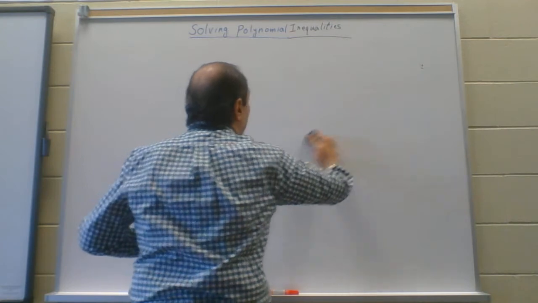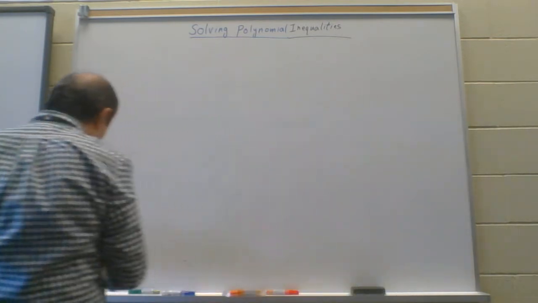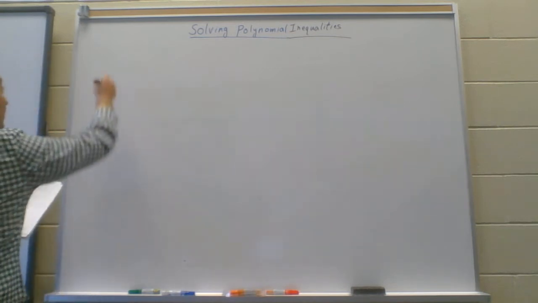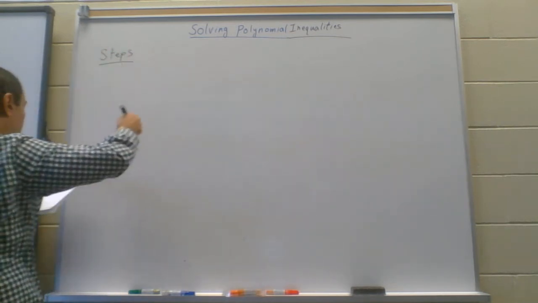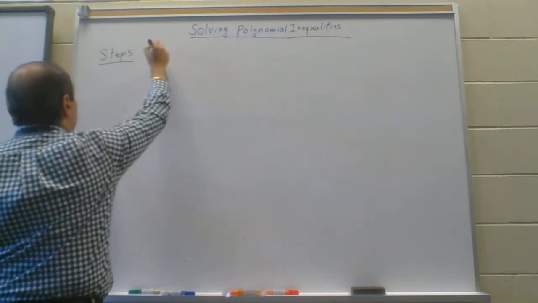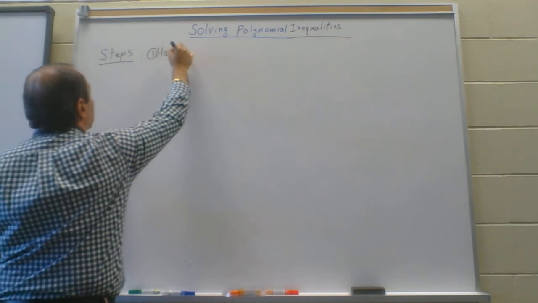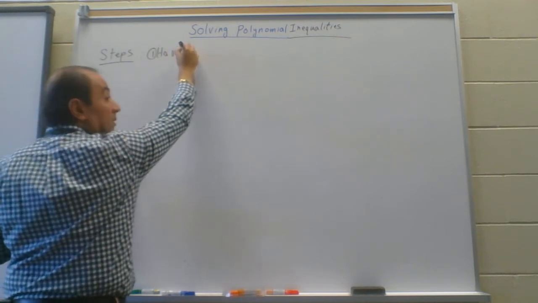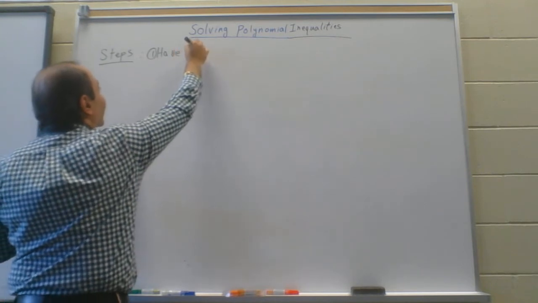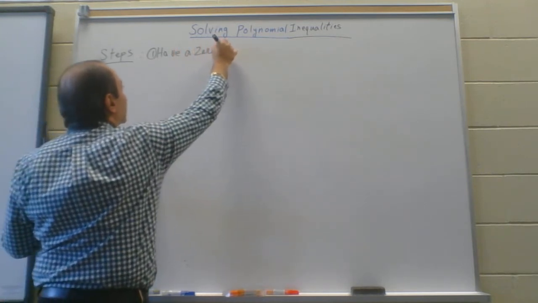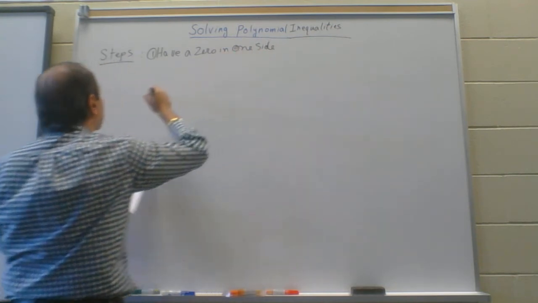Okay, now I'm going to write the steps of solving inequalities. Steps. We must have a 0 on one side, like solving equations. This is the first thing.